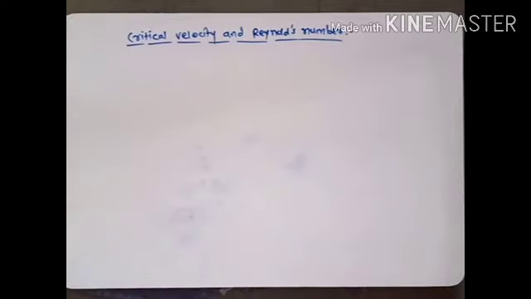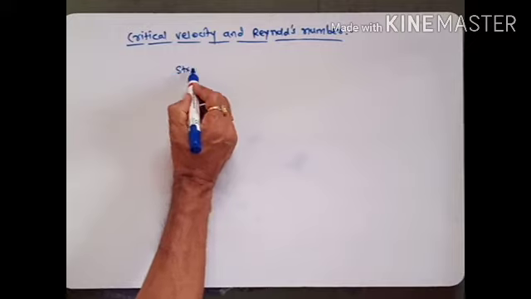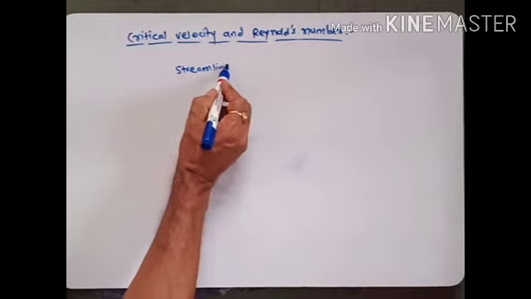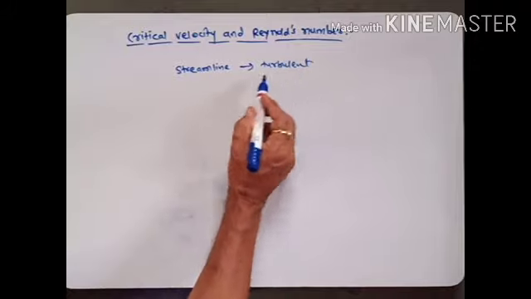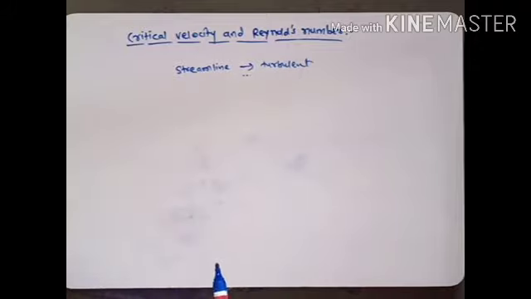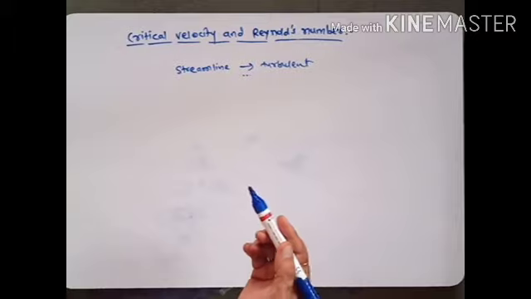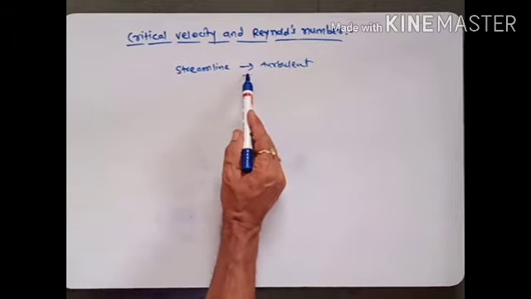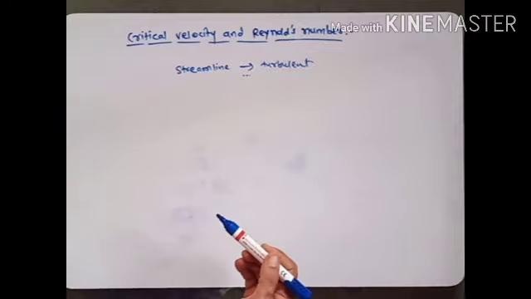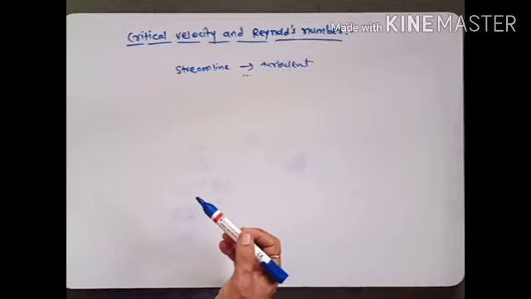The velocity beyond which a streamline flow becomes turbulent is called the critical velocity. Streamline to turbulent, this conversion: the velocity after which streamline flow becomes turbulent is called the critical velocity.